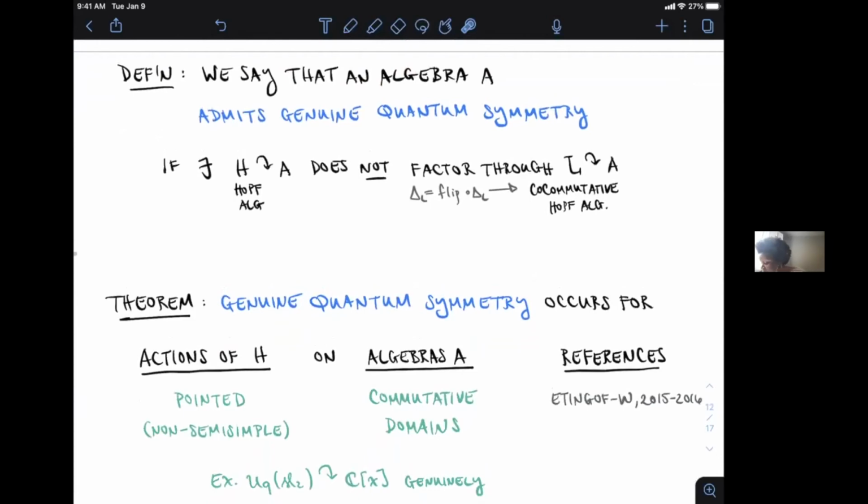For example, if I take a polynomial ring in one variable, and I take this nice small quantum group, the finite dimensional quantum universal enveloping algebra of SL2, there's an action of this non-cocommutative Hopf algebra on this polynomial algebra that doesn't factor through a group. There are actually whole families of examples in this fashion.